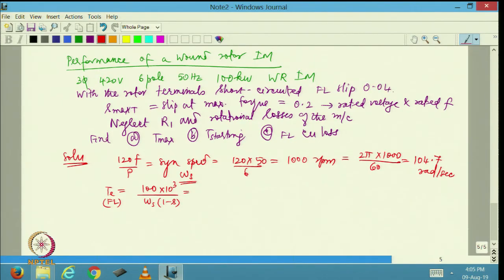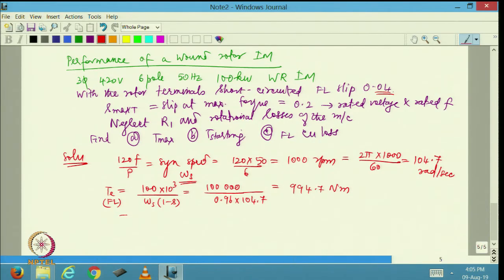So, 100 into 10 power 3, so this will be 100,000 divided by, 0.04 is full load slip, so 0.96 multiplied by 104.7. This is going to be the electromagnetic torque at full load, right. That can be calculated, that is not a big problem. Now, that comes out to be, I think, 994.7 Newton meter. Please verify the calculations because I have just done it quickly.